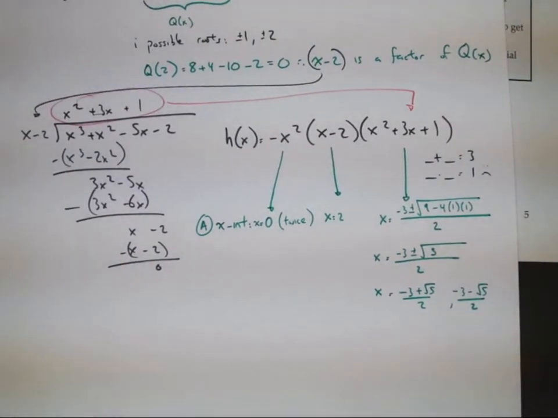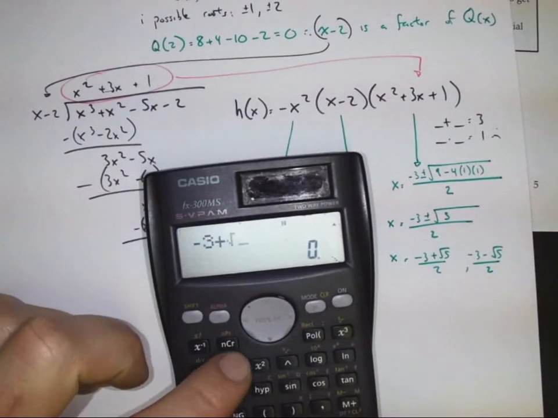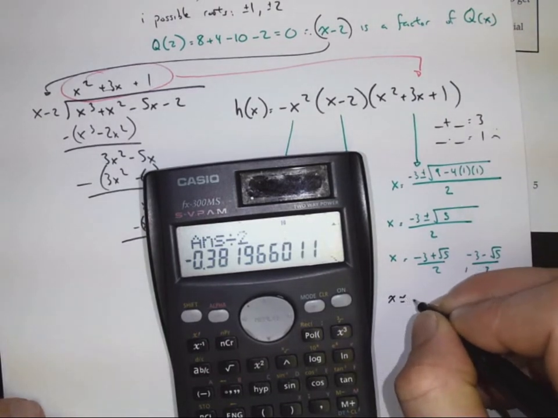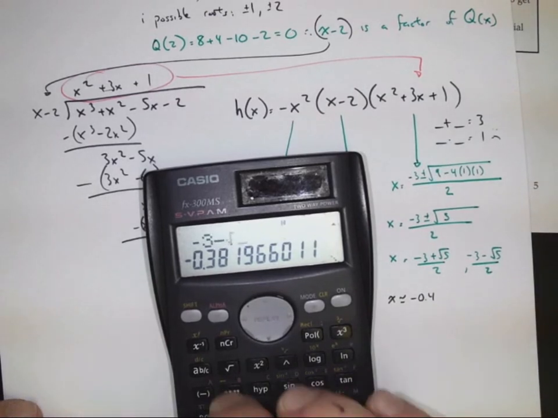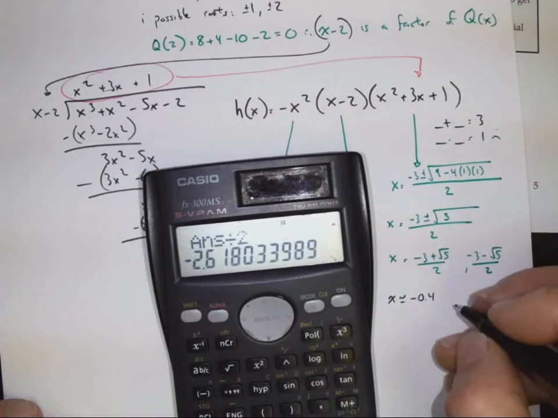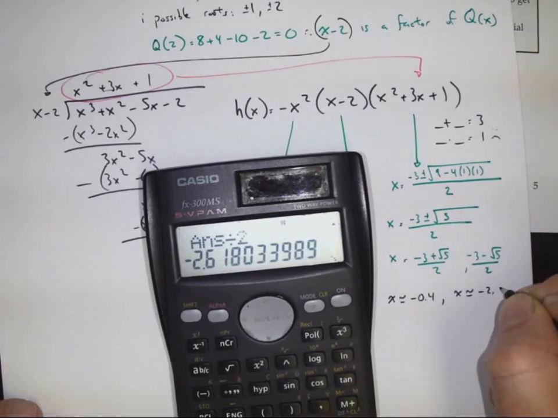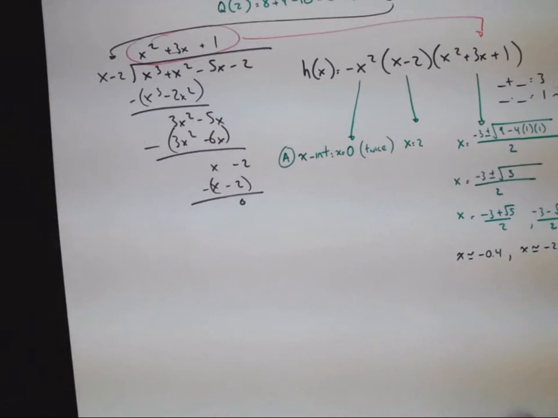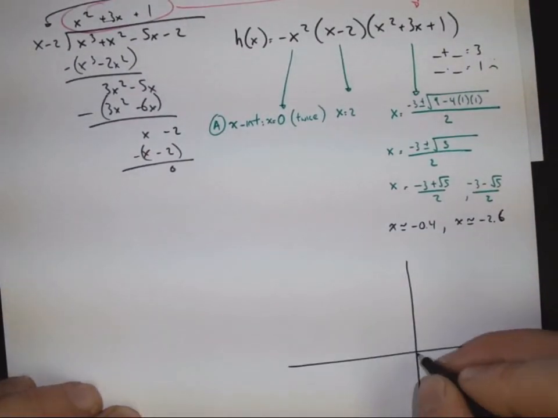Okay. So I'm just going to see what we got there. Negative 3 plus root 5 divided by 2, so x is approximately equal to negative 0.4, and negative 3 take away root 5 divided by 2 is also approximately equal to negative 2.6. Alright, so I'm going to take those values and sketch them. So I've got a value at 0.